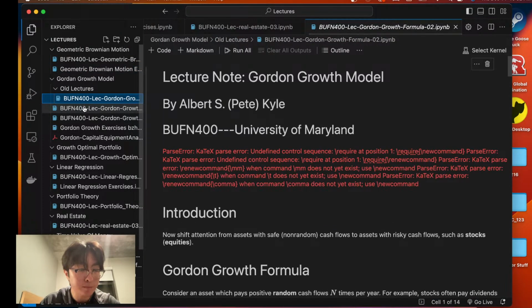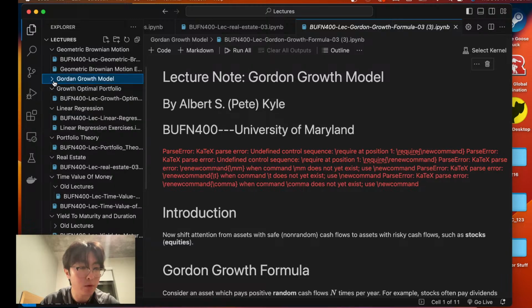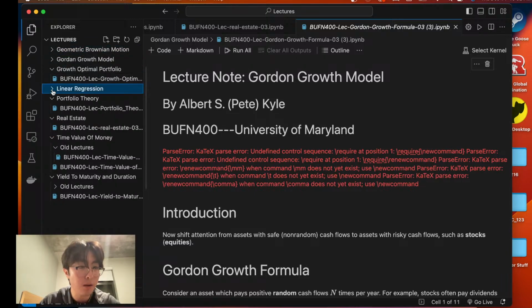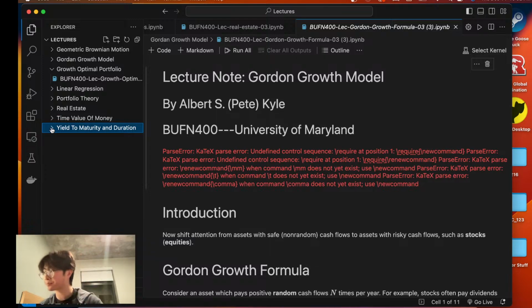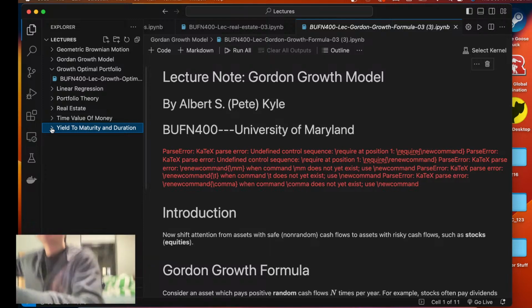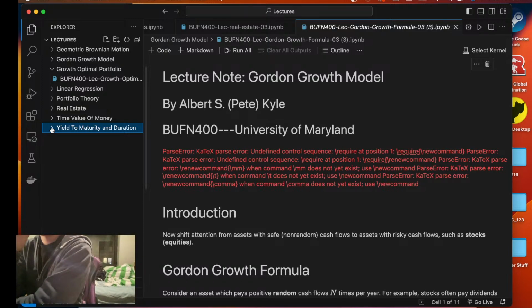Let's see. Gordon growth. Got that one done. Yes, growth optimal portfolio is the next one, right? Is that one of the assignments I have to turn in? Yeah, okay. Growth optimal portfolio is one of them too. Alright.